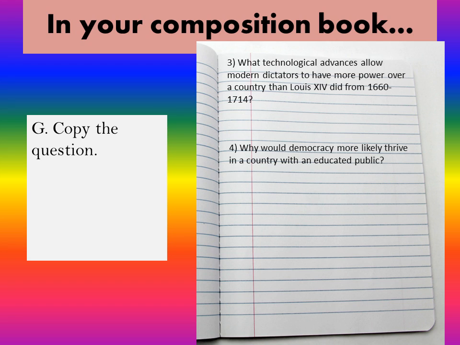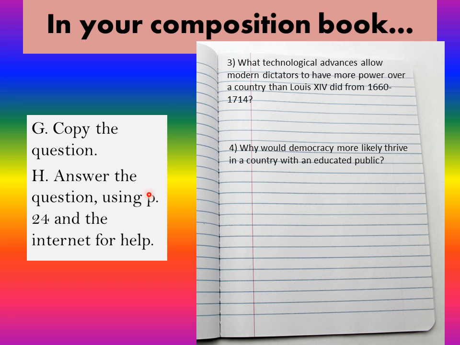I want you to think about it. If you need a little help getting going on this, page 24 has a little paragraph that might give you a little boost. And then you can also search the internet for help if you'd like. That's fine. But I want to know, in your opinion, why would democracy more likely thrive in a country with an educated public? And give me a couple sentences for that.